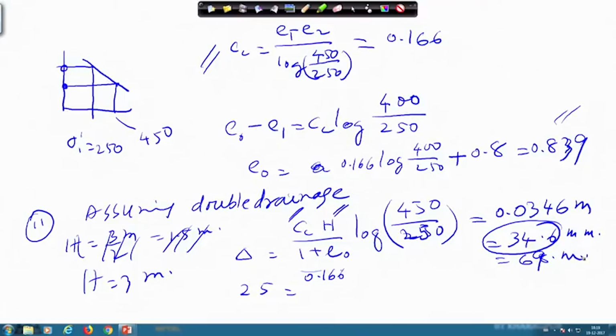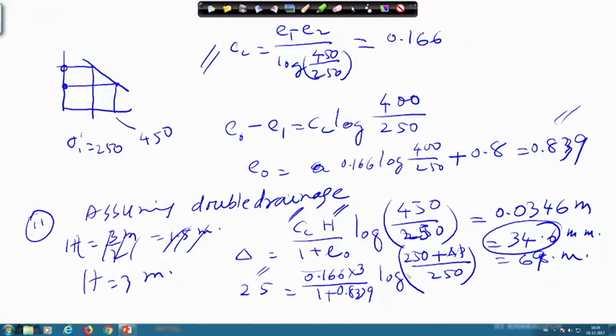So, 0.166 into H equal to 3 meter, divided by 1 plus 0.8339, log, and we do not know delta P. So, the initial pressure is 250 plus delta P, which I have to find, divided by 250, because we need to know at what pressure we will have this much settlement.